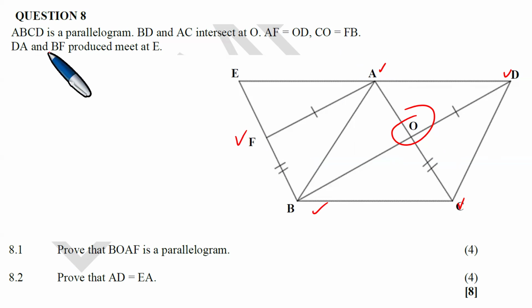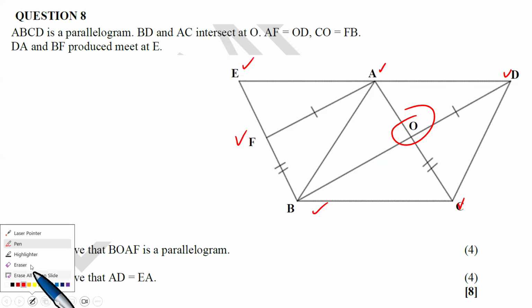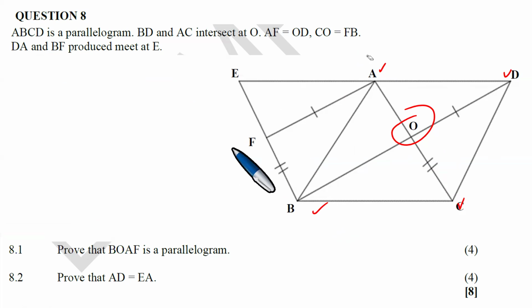Right, DA and BF produced meet at E. Here's the point E there. Okay, let us answer the rest of the questions.